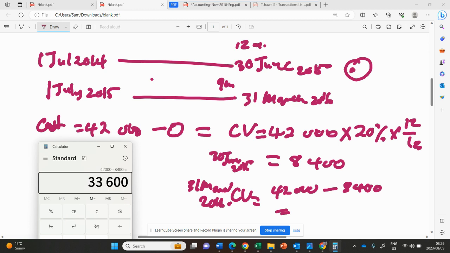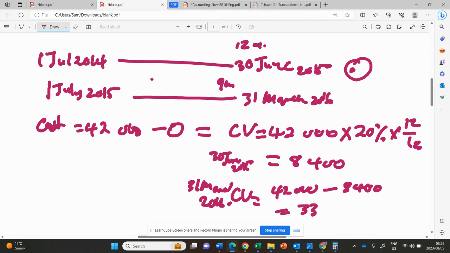Then we get 33,600. So this 33,600 is the one that you're gonna use to depreciate, by 9 months. So we're gonna say times 20% times 9 divided by 12.